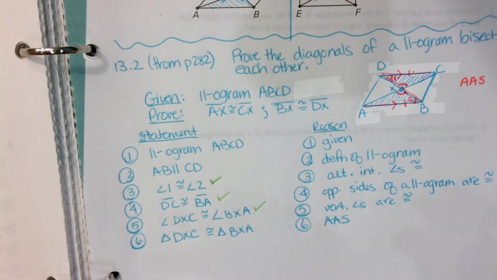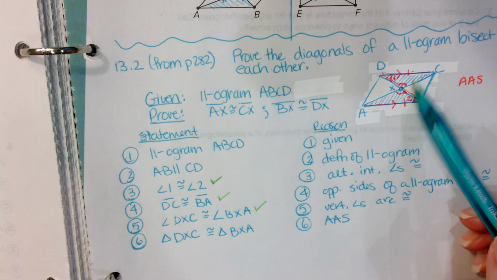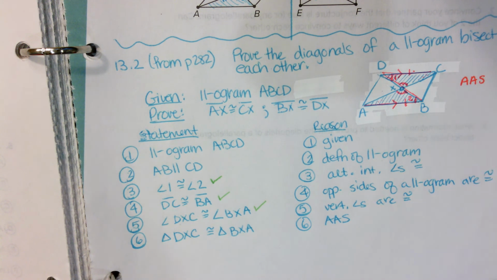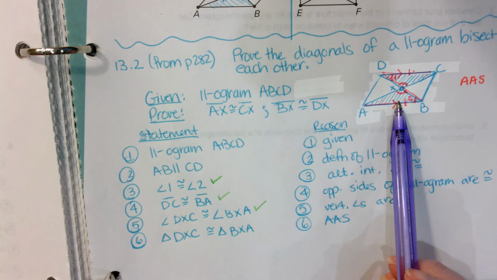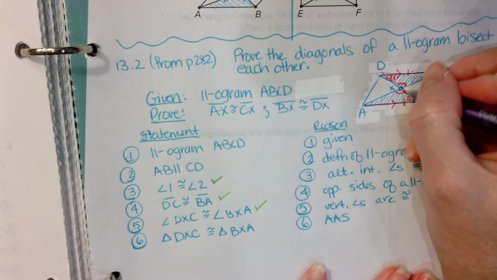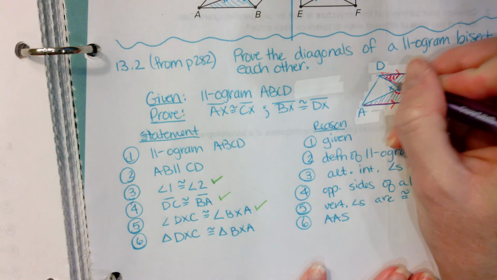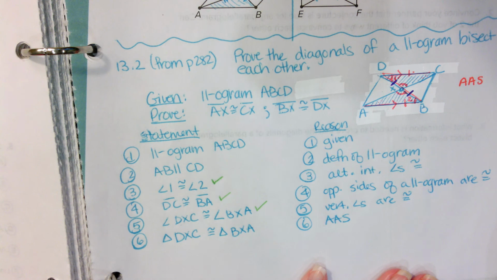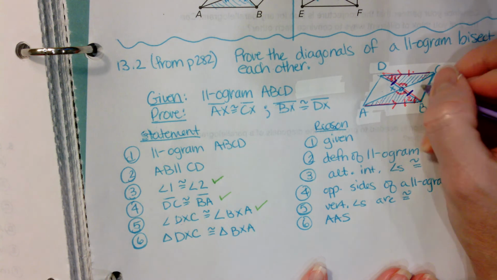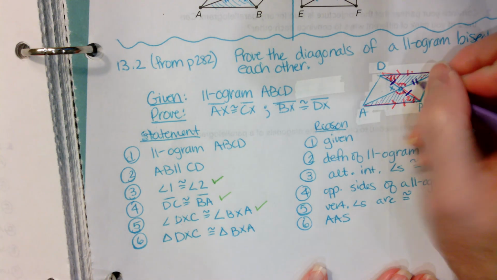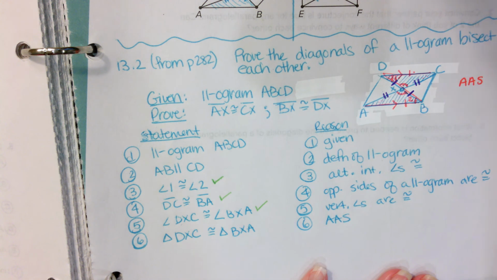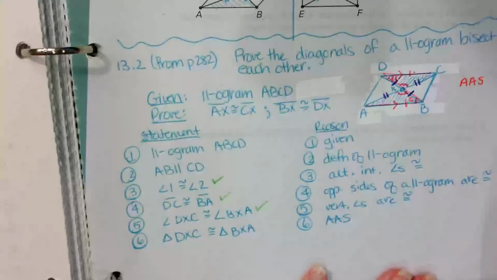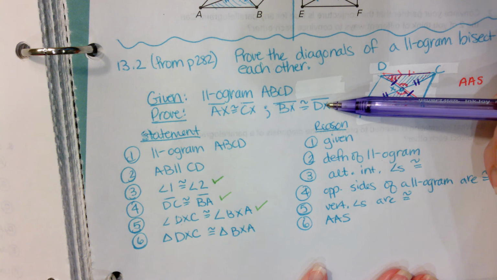And so now, if these 2 triangles are congruent, I know all the other parts, where there's 6 corresponding parts, and I've got 3 congruent to 3. So now all the others are congruent. I now know this side is congruent to this side by CPCTC. I now know this side is corresponding to this one, so they're congruent by CPCTC. And conveniently, those are the sides I'm trying to prove.